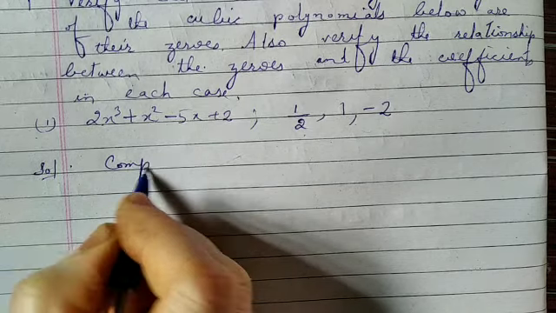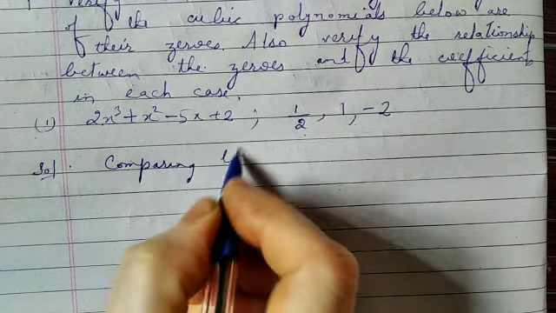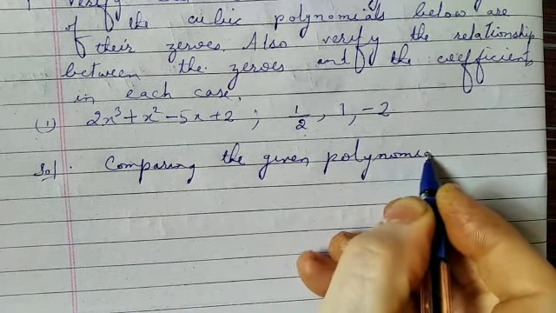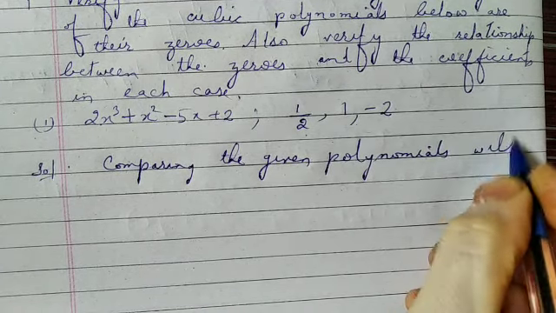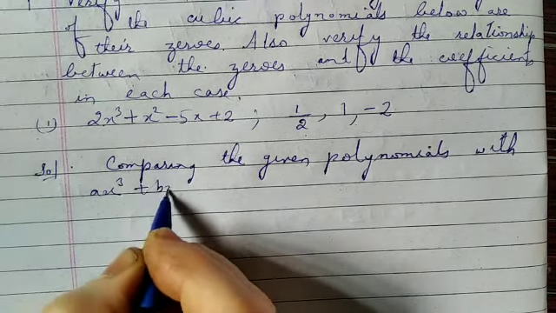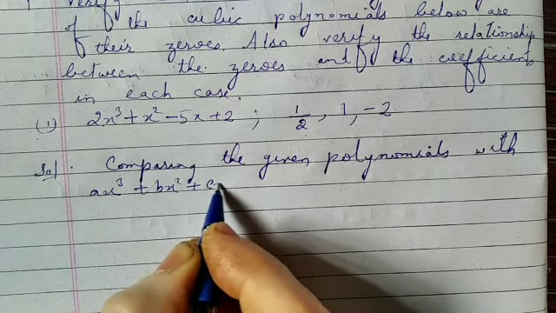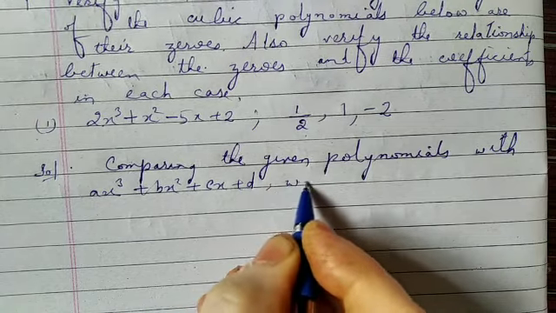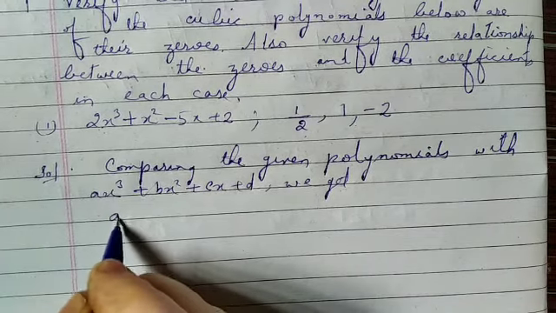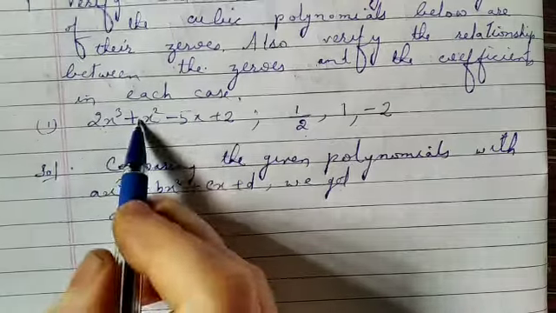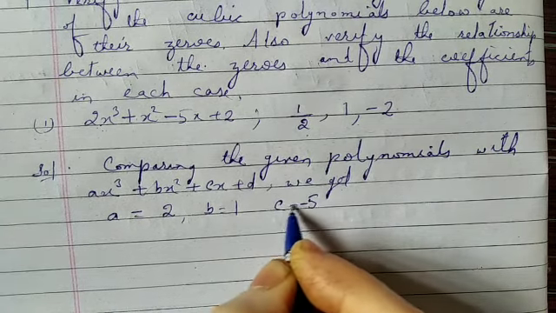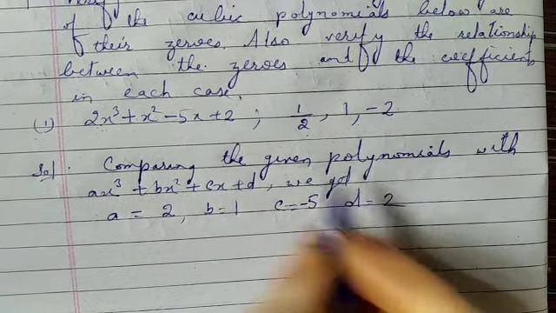Comparing the given polynomial with ax cube plus bx square plus cx plus d, because it has power 3, we get a is equal to 2, b is equal to 1, c is equal to -5, and d is equal to 2.